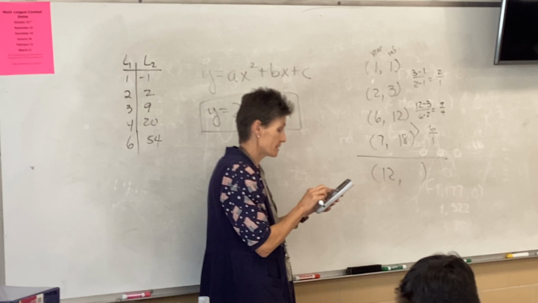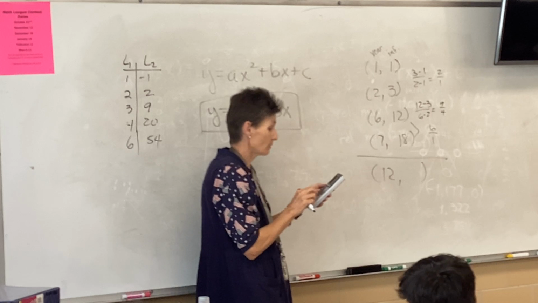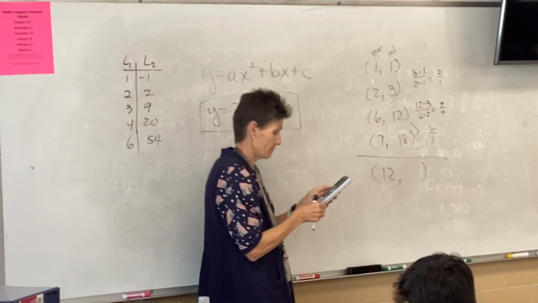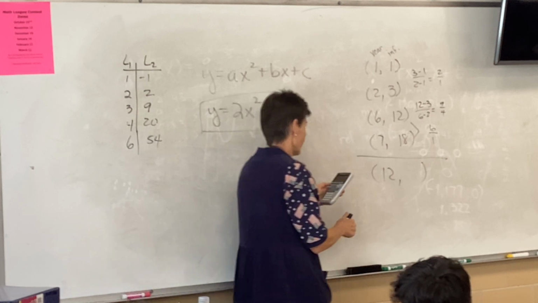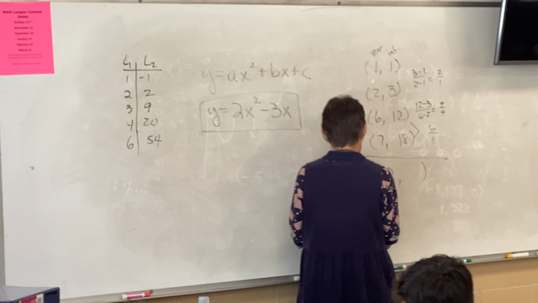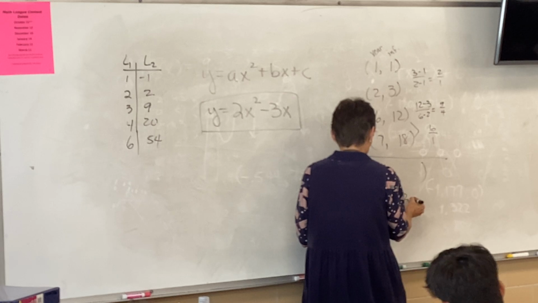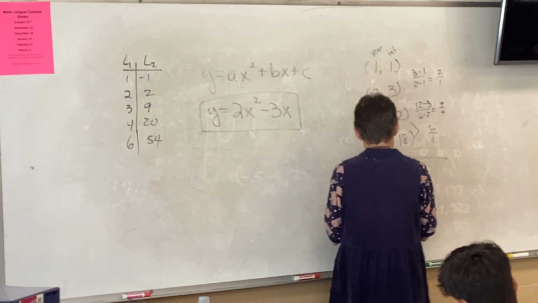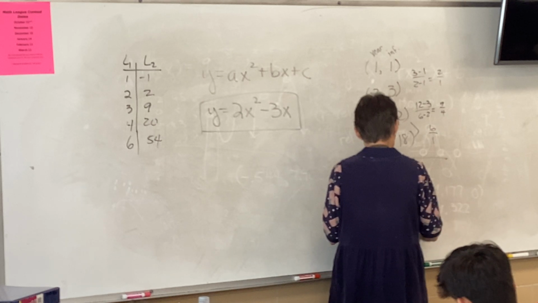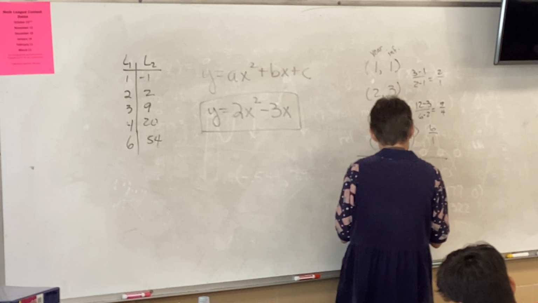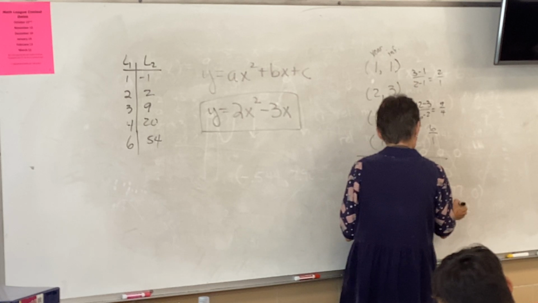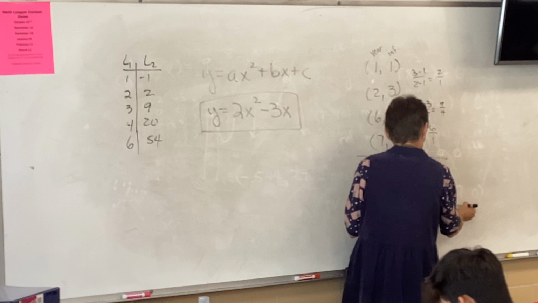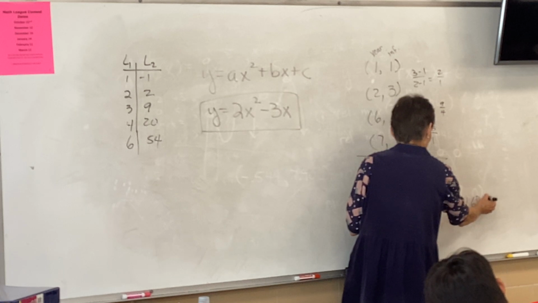And then Stat, Calc, Quadratic. And it looks like 0.4x squared minus 0.546x plus 1.685.